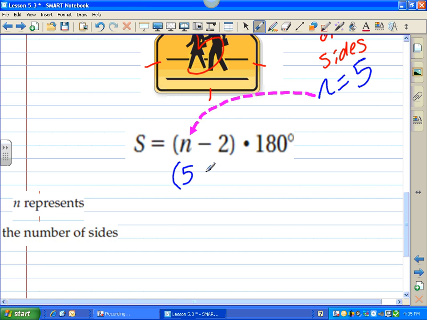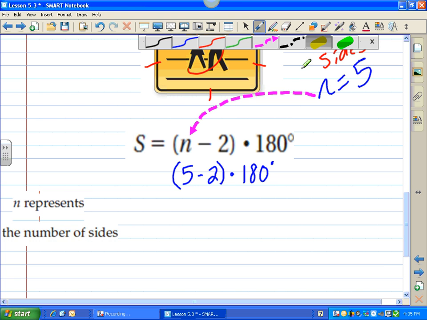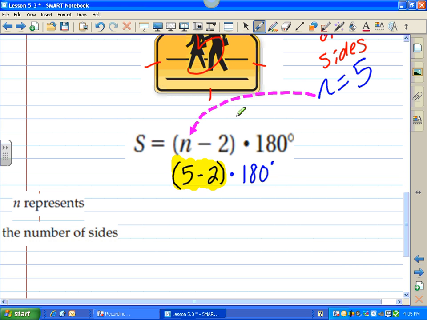Put 5 in for my variable n. So I end up with parentheses 5 minus 2 parentheses times 180 degrees. Remember, guys, we always do the order of operations until the Cubs win the World Series. Order of operations says do what's inside the parentheses first. That gives me 3.